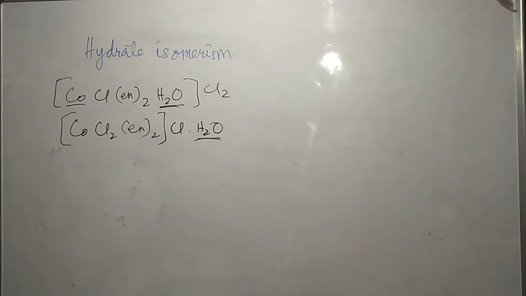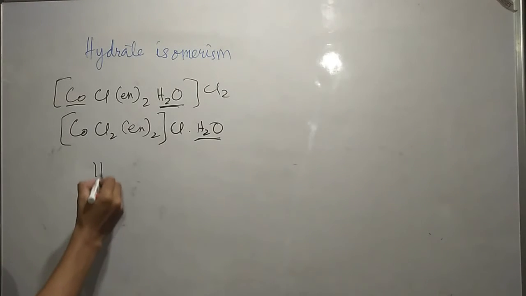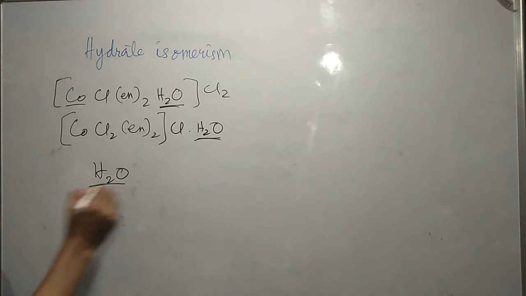The next one is hydrate isomerism, which we also call solvate isomerism. Hydrate isomers are those which have the same molecular formula but differ in whether the solvent, here we consider the solvent as water, is directly attached to the central metal atom or not.